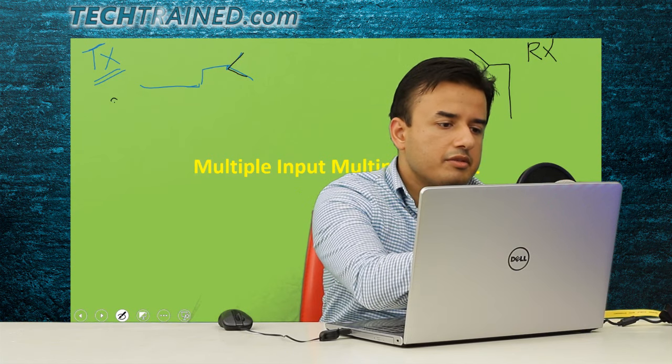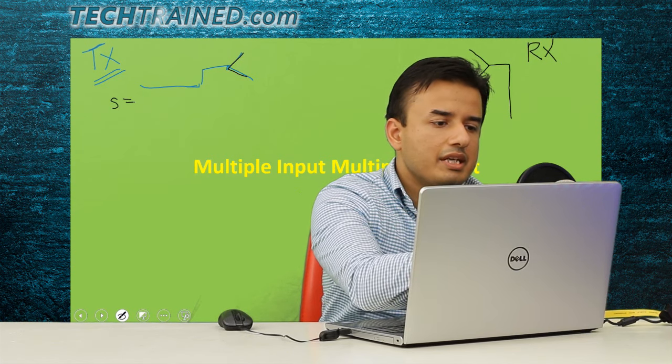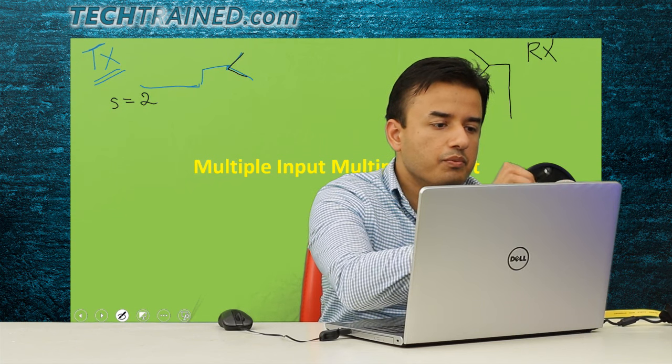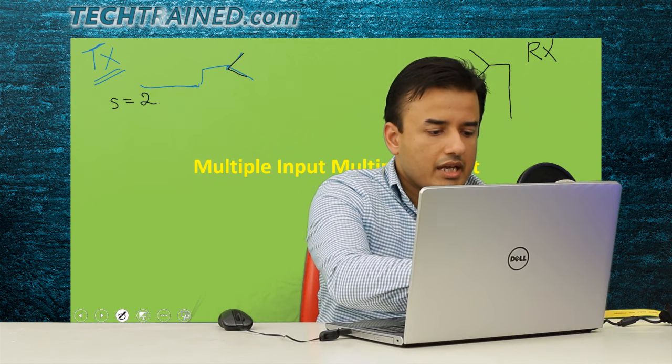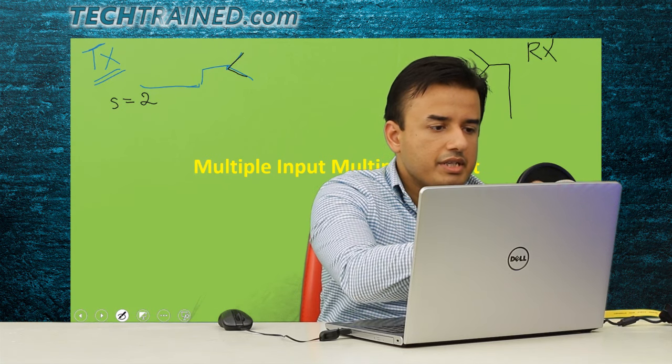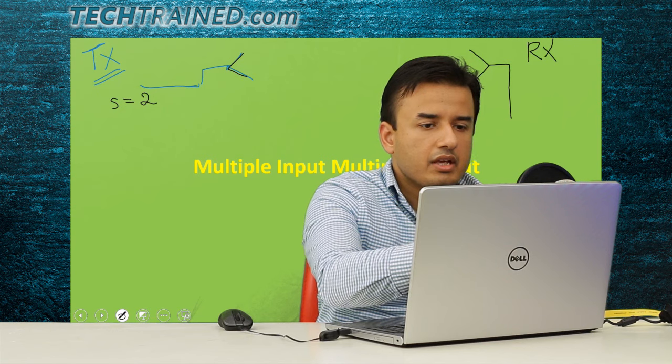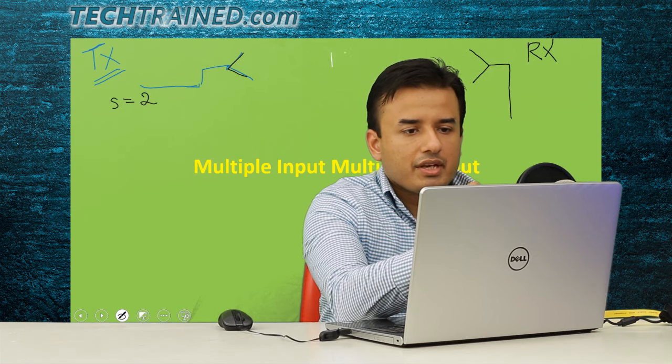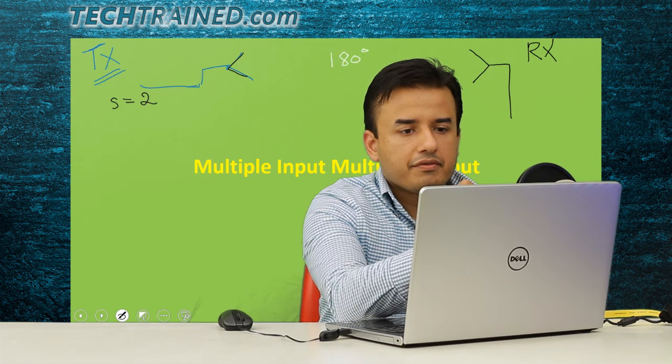Let's say at the transmitting end, just for the example's sake, at a very simplistic level, we are transmitting information S equals 2 and the wireless channel gives a 180-degree phase shift.